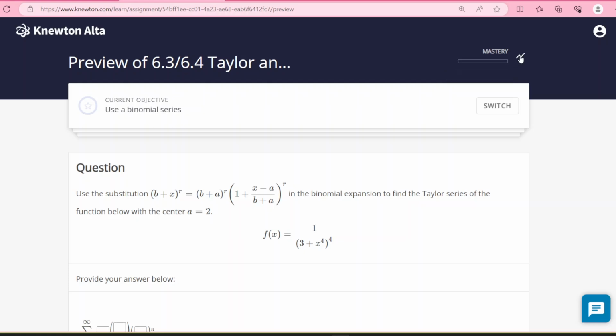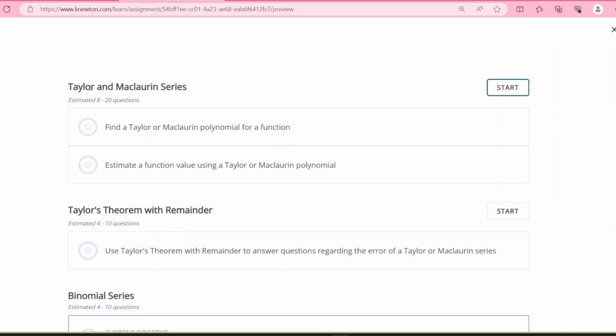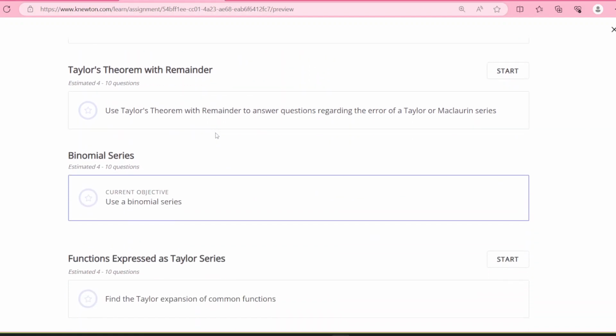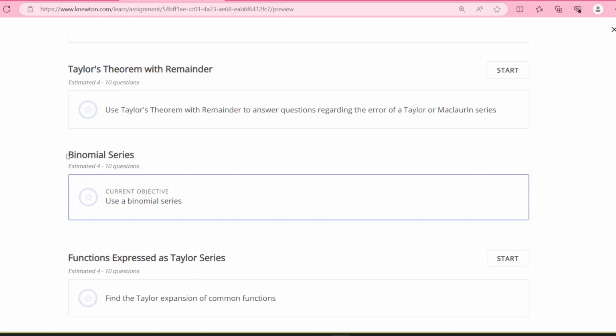If I look at the activity log here, there are objectives with big bold headings and sub-objectives. I am going over the objective with this heading today, the binomial series, and the only objective in this is use a binomial series.